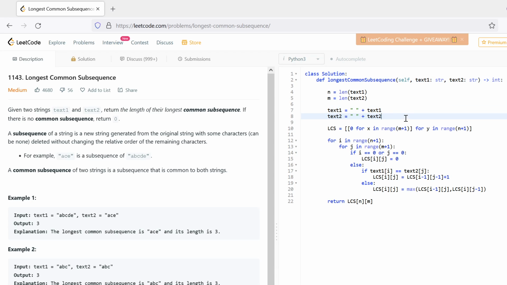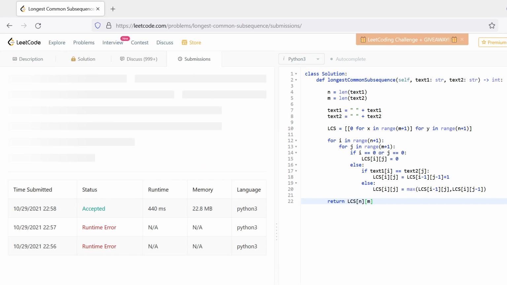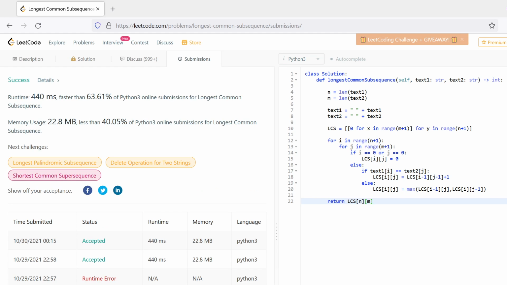I prefer to work with indexing starting at 1, so I add a space in the beginning. Here, LCS is the dynamic programming table, and I fill the table just like I did in the pseudocode. I return the entry n, m of the table. And the algorithm runs correctly, which is nice.